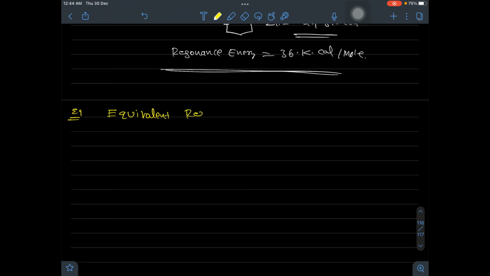Equivalent resonance structure having species will have higher resonance energy.